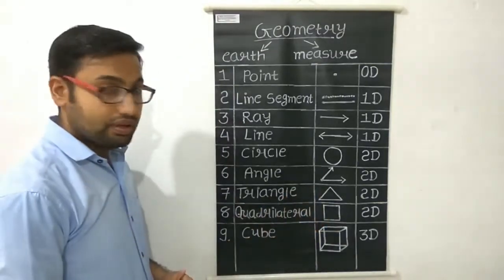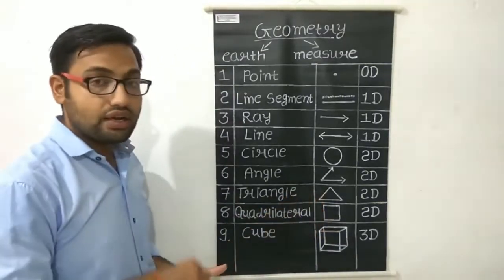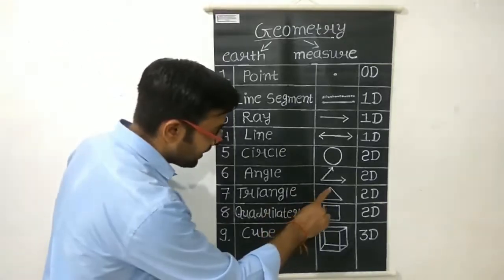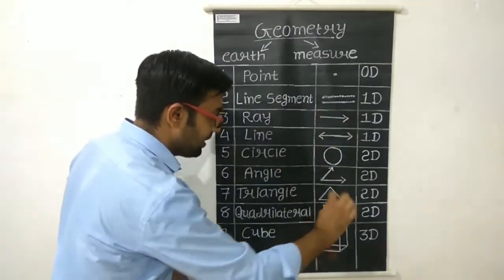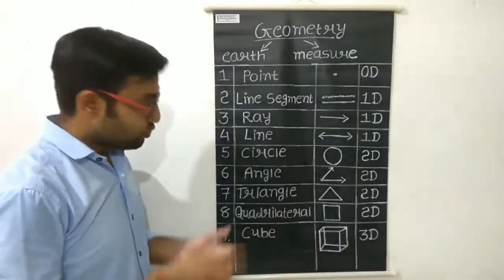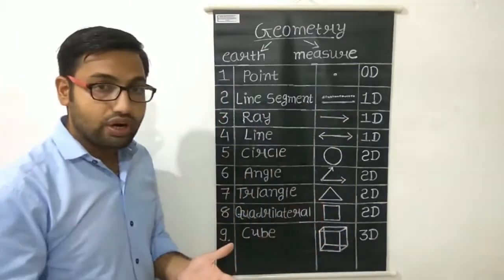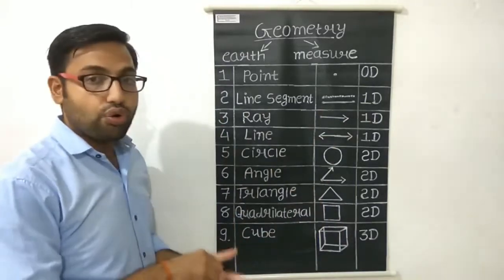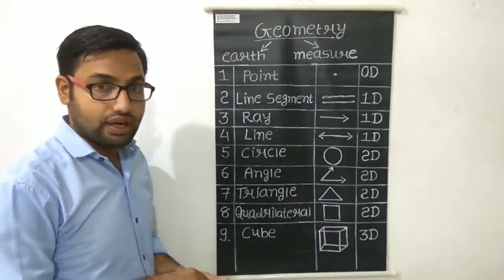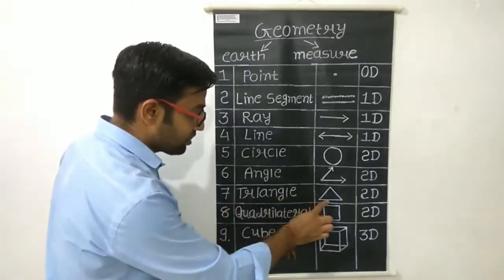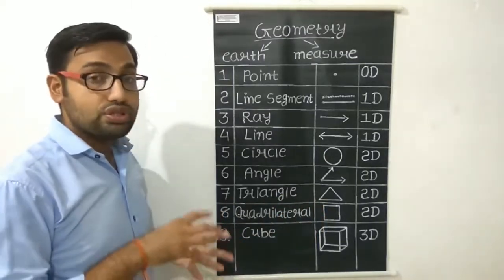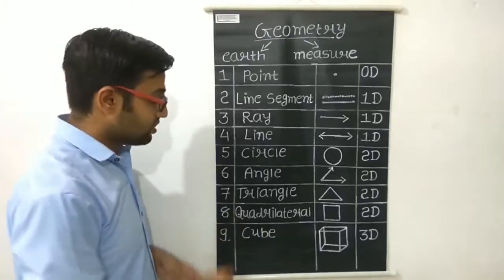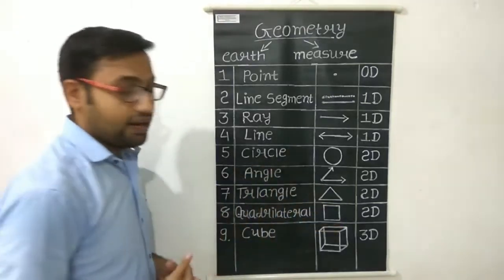A triangle is called a closed shape, because you can see that this is one line segment, this is another line segment, and this is the third line segment. So using three lines only, we can make a closed figure, right? Whenever we use straight lines, a minimum of three lines is required to make a closed shape, and the very first closed shape is called a triangle.